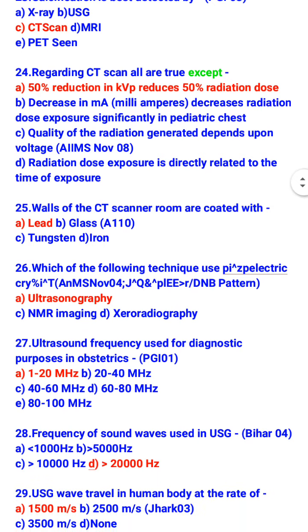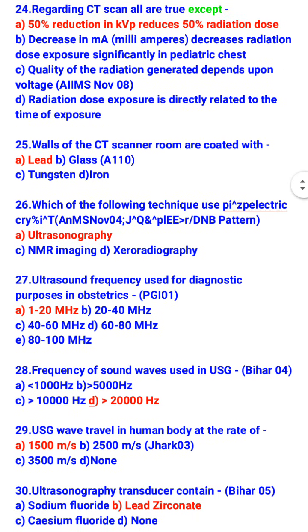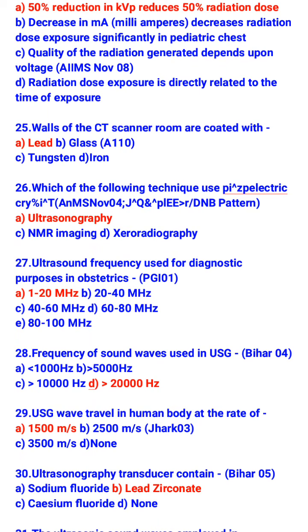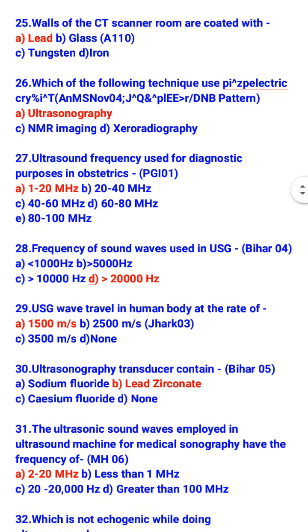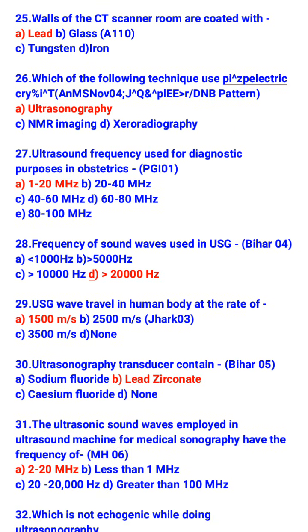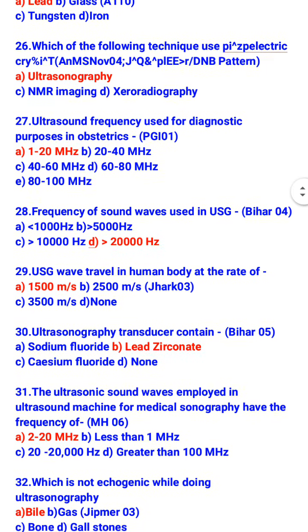Which of the following techniques uses the piezoelectric effect? Ultrasonography. Ultrasound frequencies used for diagnostic purposes in obstetrics are 1 to 20 megahertz, and the frequency of sound waves used in USG is more than 20,000 hertz.